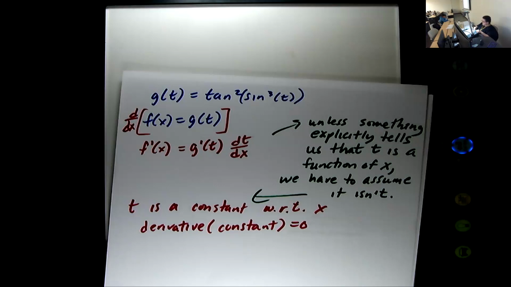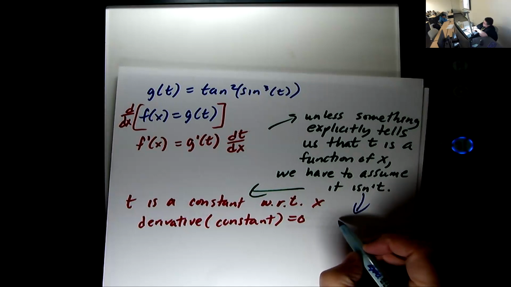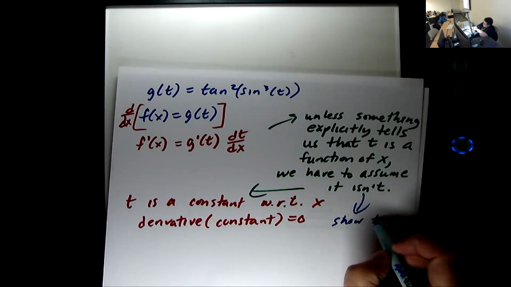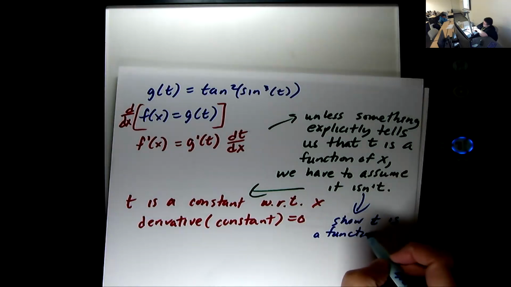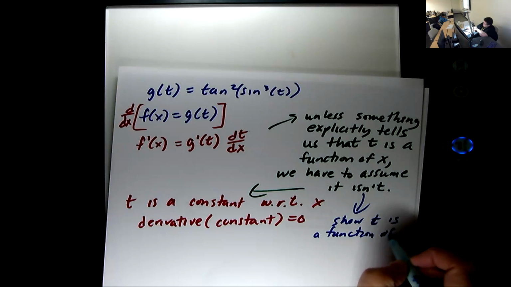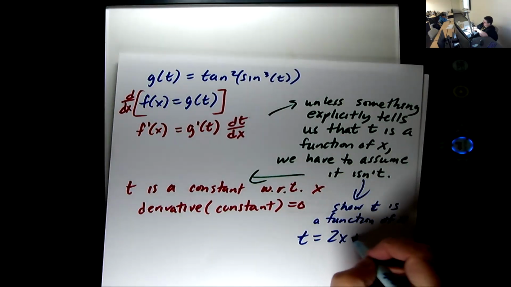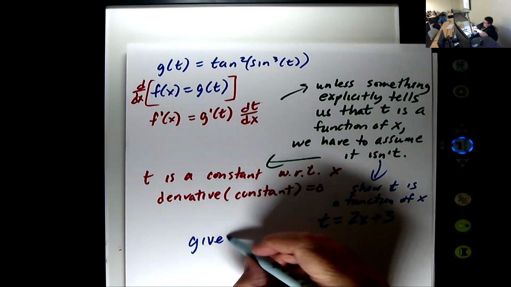The way we would know t is a function of x is, one way to show t is a function of x, they might just give us this equation: t equals 2x plus 3. That gives us an equation.